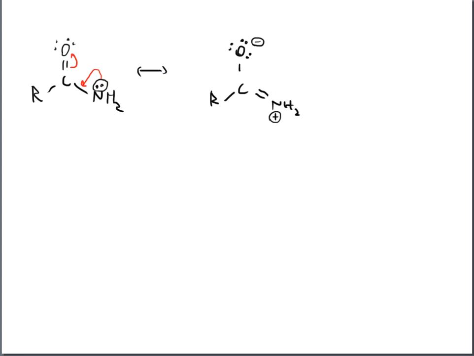However, neither one of these is the true form. It is a mixture. It is a hybrid. So, let's draw the hybrid. We have a carbon, double bond O. We said that this oxygen had 2 sets of electrons. The nitrogen had this NH2 group and a set of electrons here.